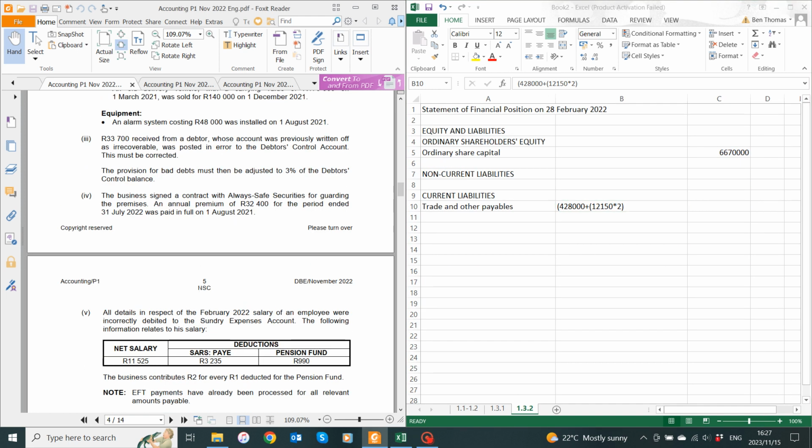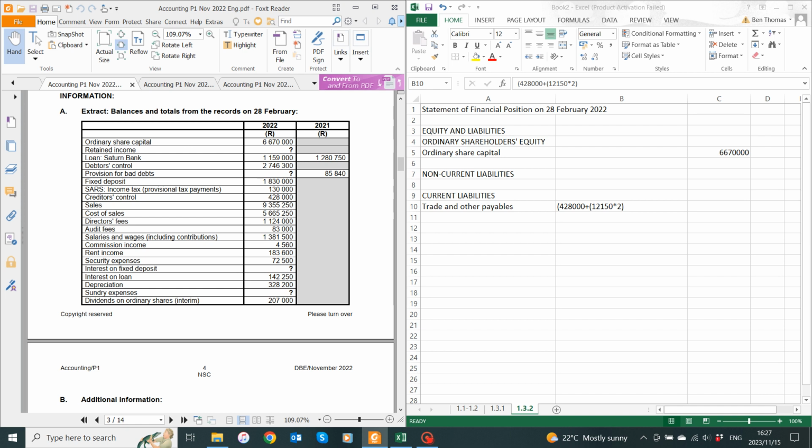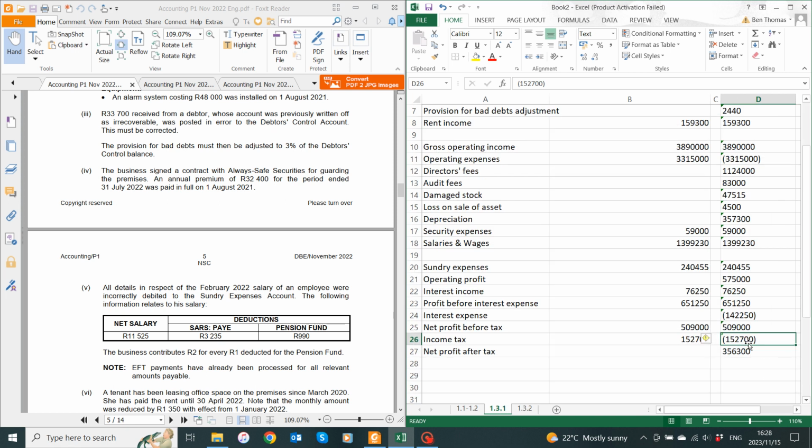But if we look at our list of balances, they gave us SARS income tax, provisional tax payments over here as 130,000. Okay, so guys, these are your provisional payments. It's basically an asset. So you've paid 130,000 Rand so far. However, according to the information and our income tax, the tax expense is actually 152,700.